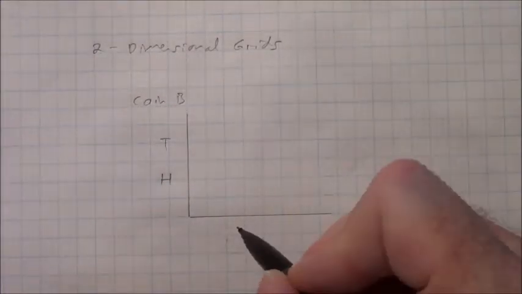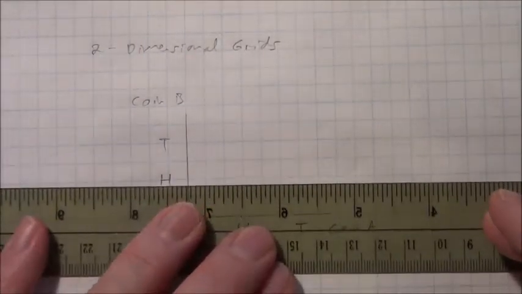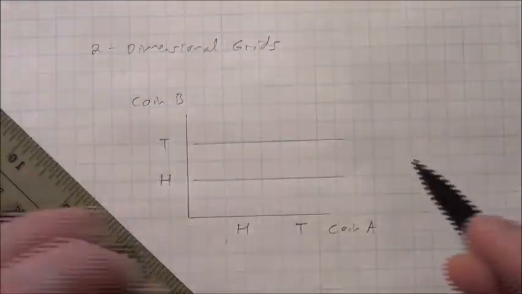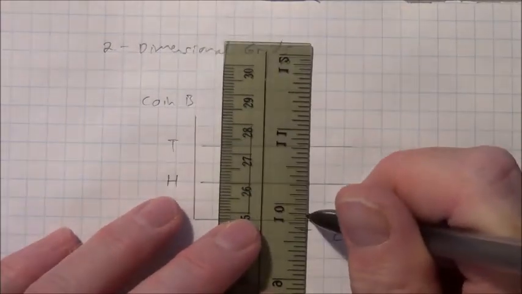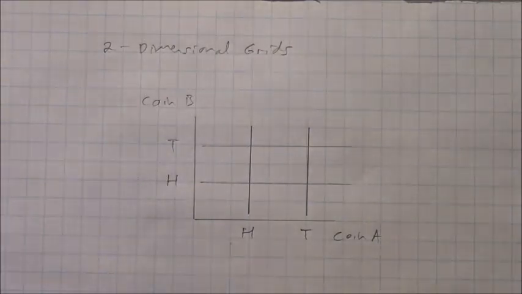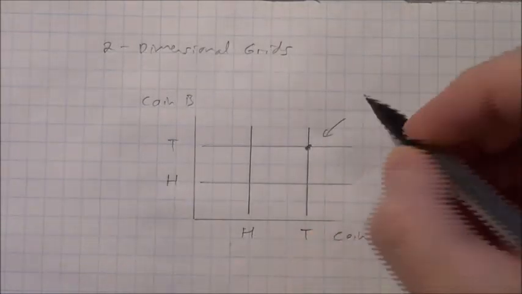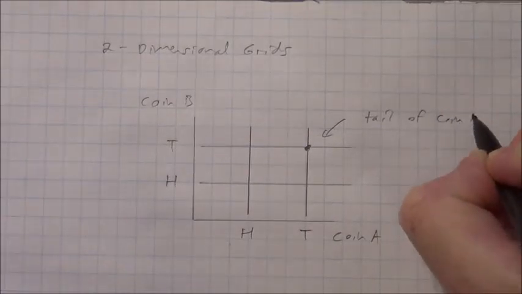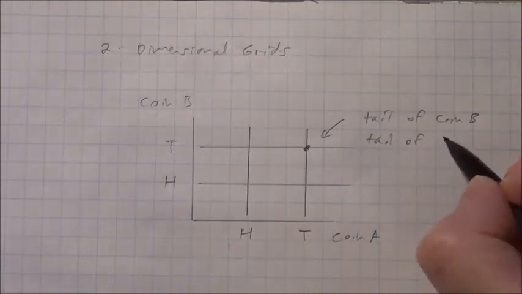And the outcome for coin A is also going to be heads or tails. So if we were just to draw lines to attach to the outcomes, then the intersection of those lines would indicate what sort of outcome has occurred. So this right here means a tail of coin B and a tail from coin A.